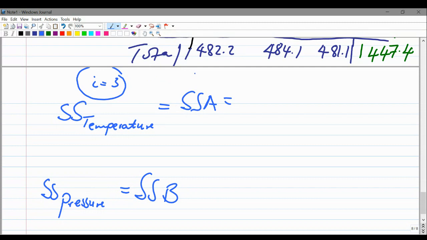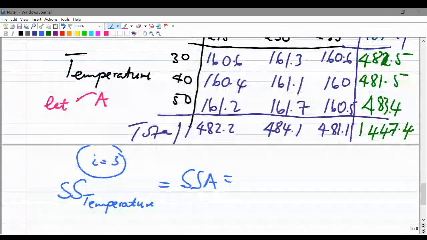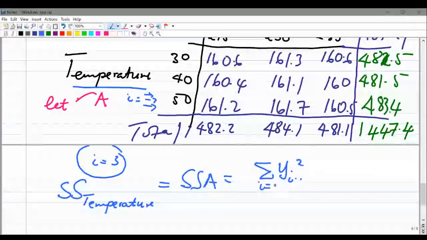This one, right? Where the temperature is situated, from 1 to A, isn't it?